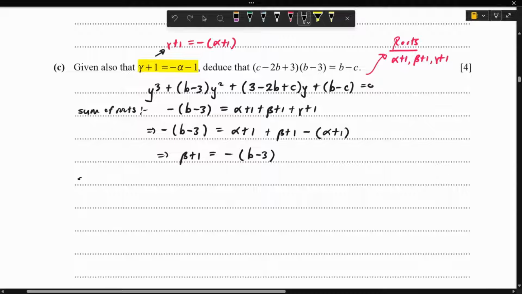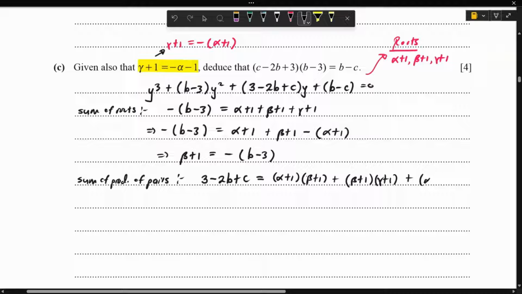The sum of products of pairs from the equation is the coefficient of y over the coefficient of y cubed. Okay, so in our case, that's 3 minus 2b plus c, and that should be equal to, when we talk of sum of product of pairs, alpha plus 1 of beta plus 1 plus beta plus 1 of gamma plus 1 plus alpha plus 1 of gamma plus 1.